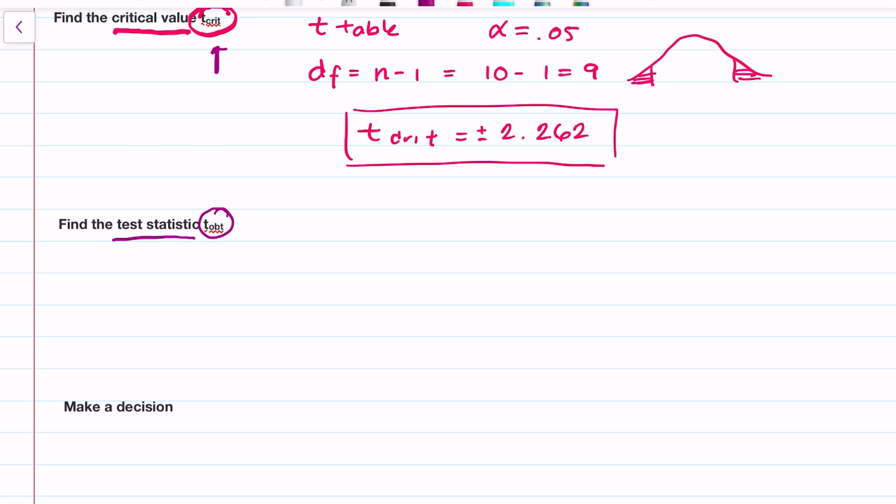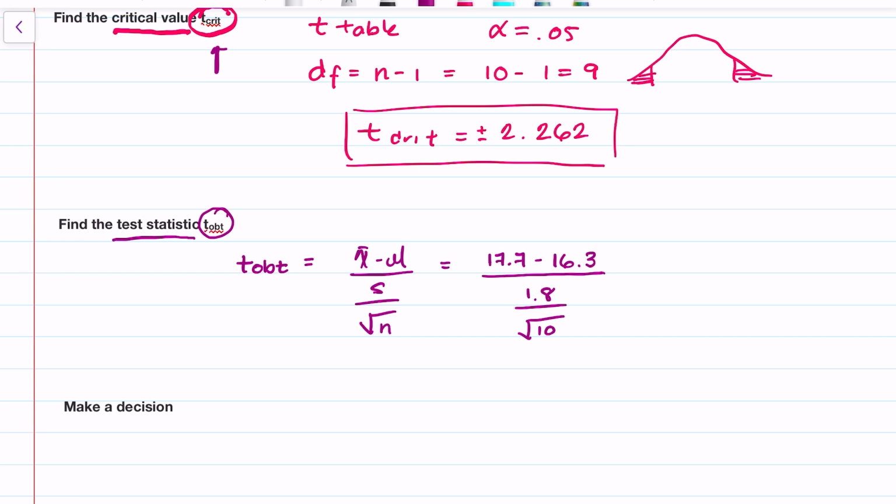So T obtained, this is going to be my formula. X bar minus mu, divided by S over the square root of n. So my X bar was 17.7 minus mu, 16.3, divided by the sample standard deviation over the square root of 10.